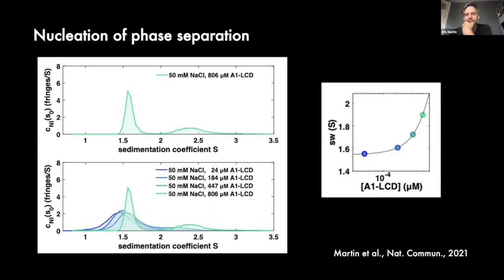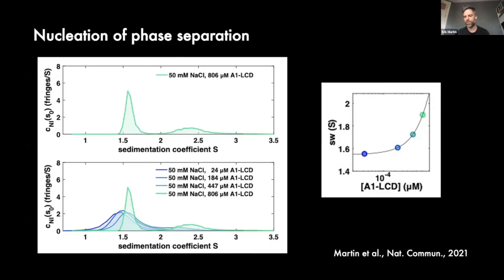The reason I say pseudo-isodesmic is that an isodesmic assembly would assume that every protein molecule is added to the cluster with the same affinity and the same dissociation constant, which is exactly how you would expect clusters to form in a homogeneous nucleation model.